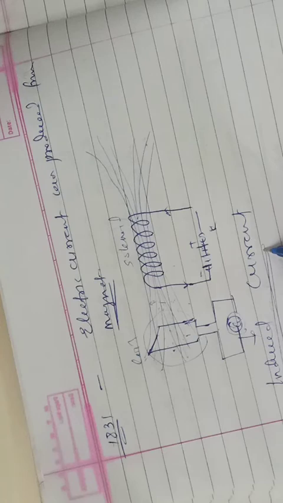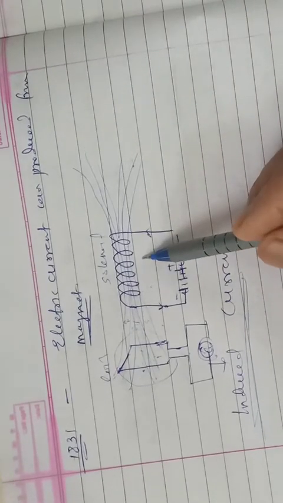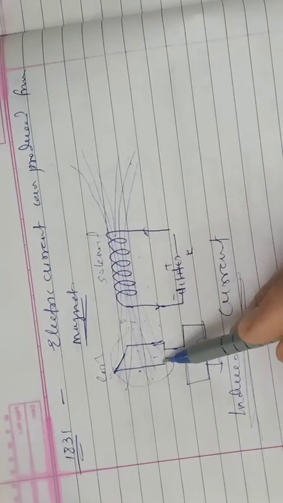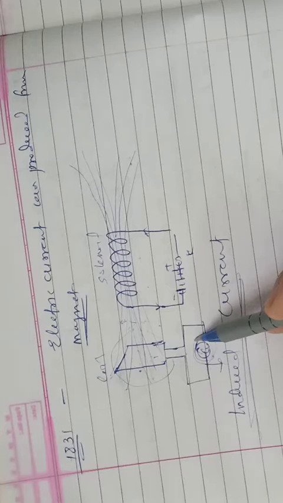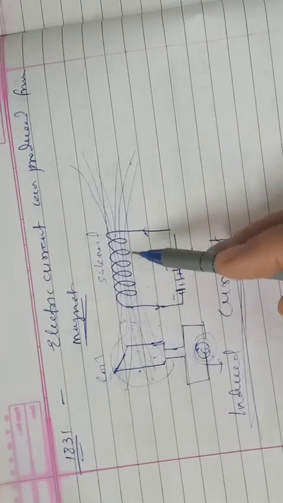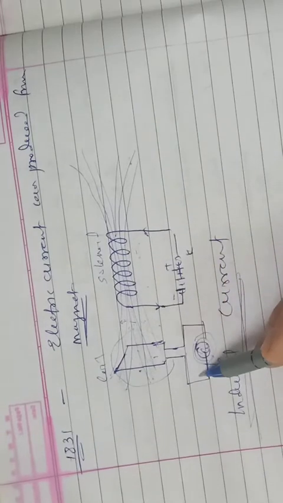Okay. Michael Faraday showed that when the current in the solenoid is increased or decreased, the current on this coil is also changed. If the current in the solenoid increases, the current produced in the coil also increases.